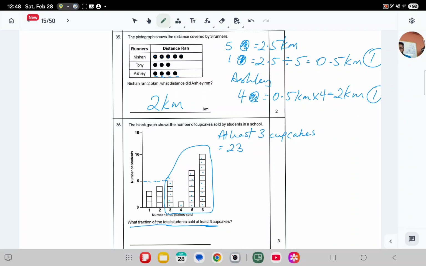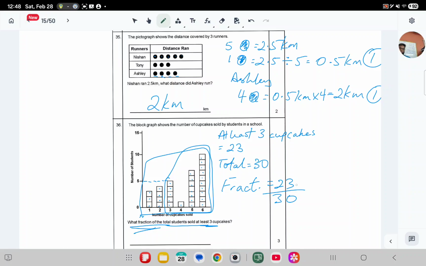The one that has a fraction of the total. So now we need to calculate the total students, which is every single thing. So we know this here is 23. So we just add in here now to find out the total. 24, 25, 26, 27, 28, 29, 30. So the total is 30. So the fraction has to be 23 over 30.